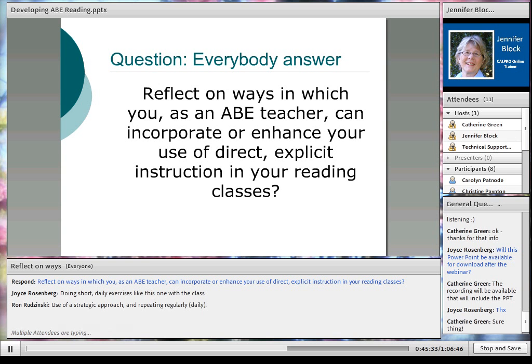Repetition in different materials is very important until they really have absorbed this and memorized it and can use it themselves.